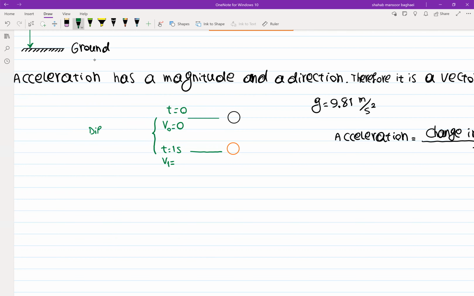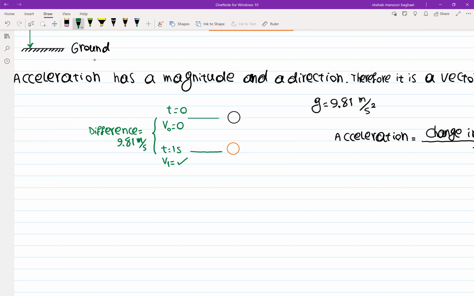Therefore, difference is 9.81 meter per second, because we are in first time interval. And you should talk about the difference of velocity. If difference of velocity for this time interval is 9.81, what is this number here?